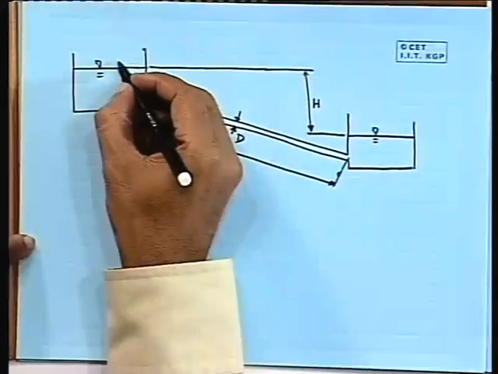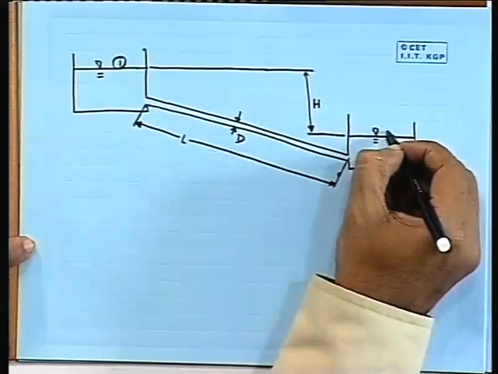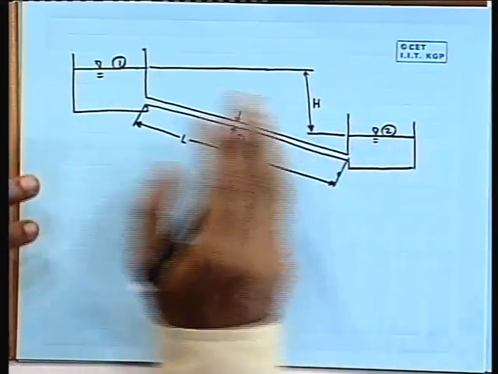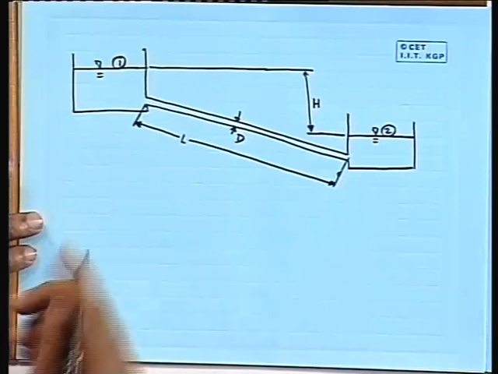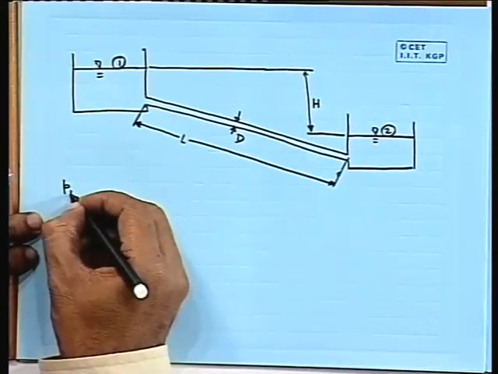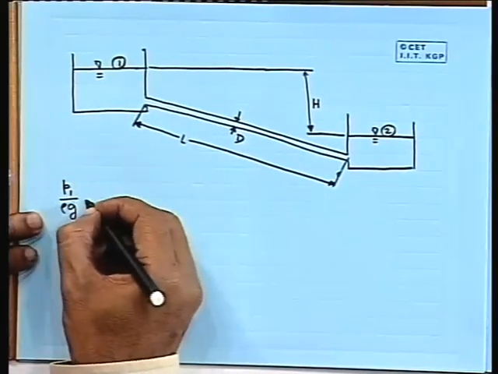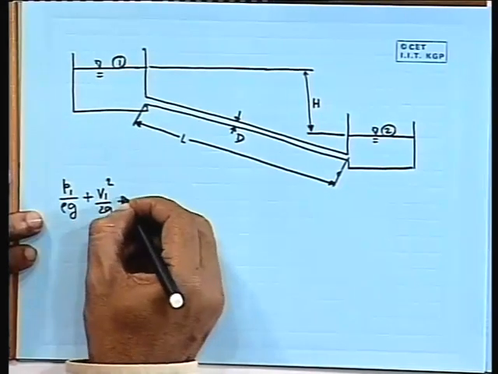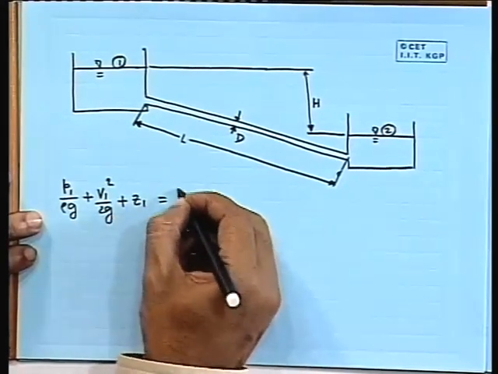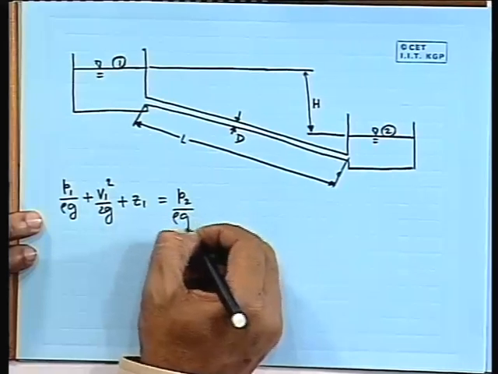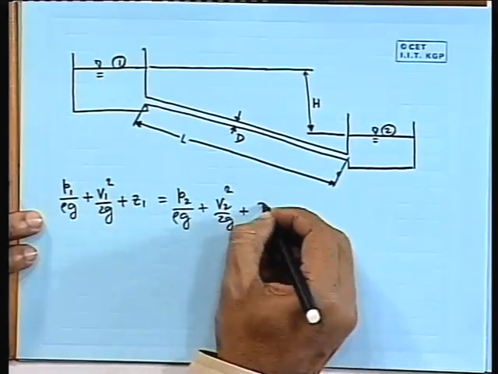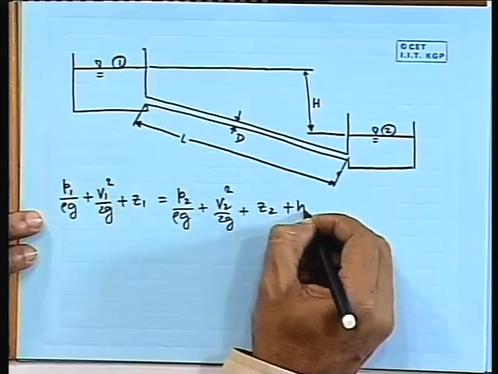So, if I use Bernoulli's equation, I will take one point here, I will take another point here, and I can write Bernoulli's equation between these 2 points. That means P1 by rho g plus V1 square by 2g plus Z1 is equal to P2 by rho g plus V2 square by 2g plus Z2 plus HL.